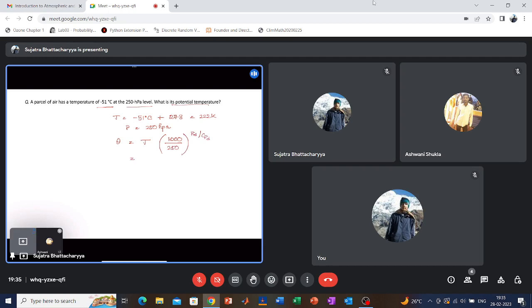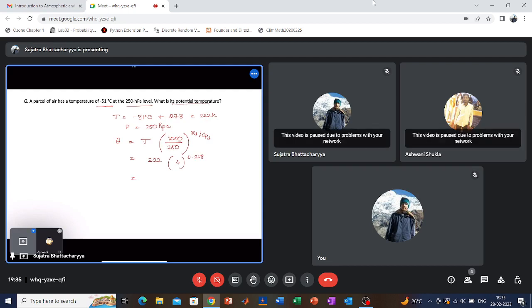T is 222. 1000 by 250 is 4 straight away. Let's calculate: 4 to the power 0.268 is 1.44.